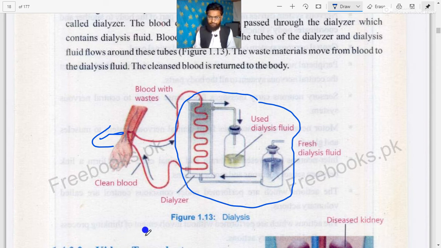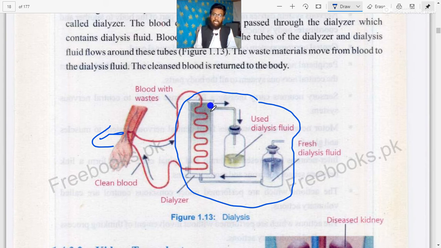Dear cadets, now one tube enters the blood of the human being, and here we can see that this tube is going and entering into the dialyzer machine.